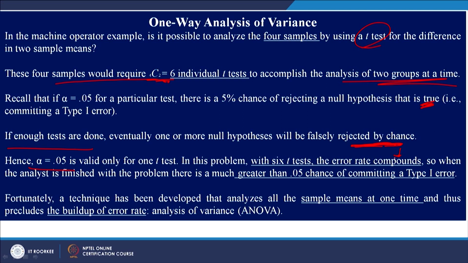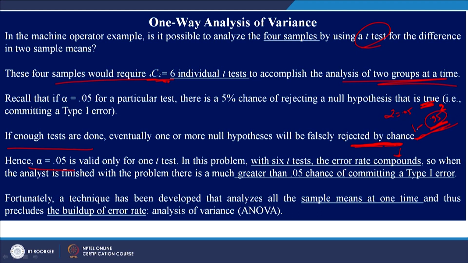Let me put it in this way. The probability of not making a type 1 error is 0.95, right. When I say alpha is equal to 0.05, the probability of not making a type 1 error is 0.95. So, when you run the t test 6 times, this would be the probability of not making a type 1 error. So, 1 minus this is the probability of making a type 1 error, which is very high, is it not?